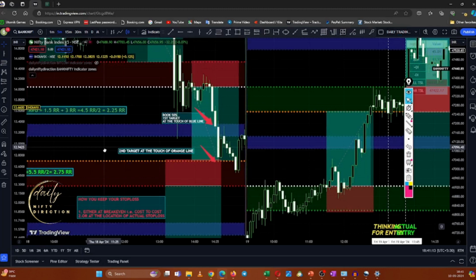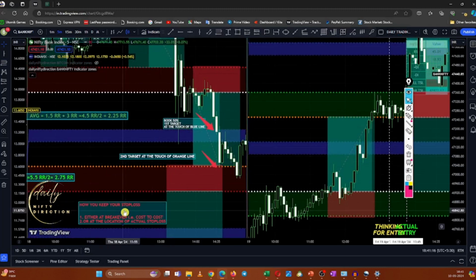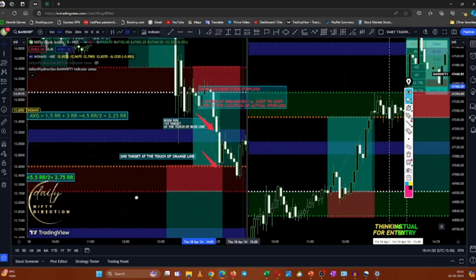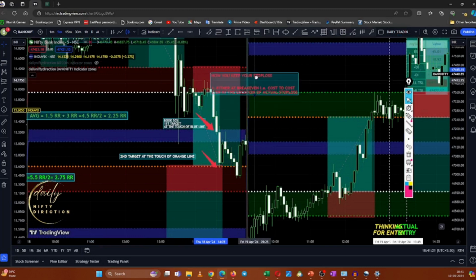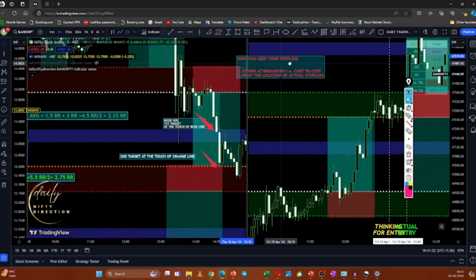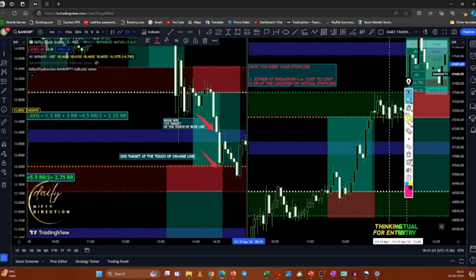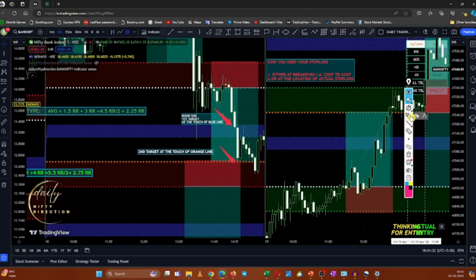Okay, after booking your first target, what will you do? You will keep your stop loss either at the original location of the stop loss, or you can also keep your stop loss at the cost to cost or break even.